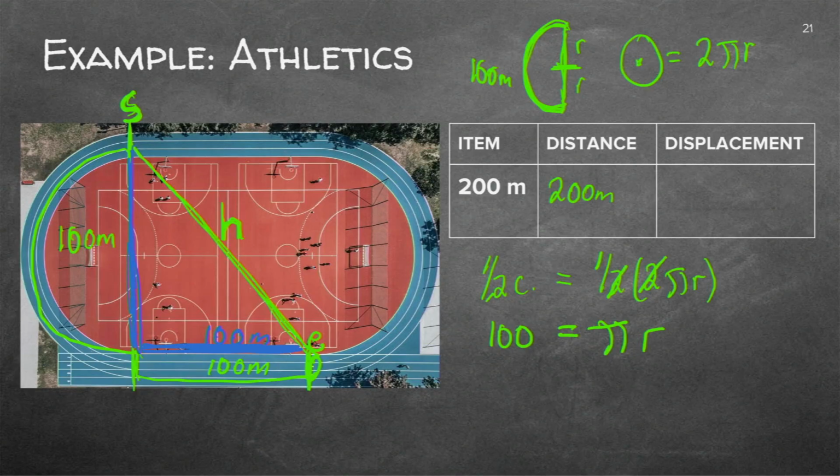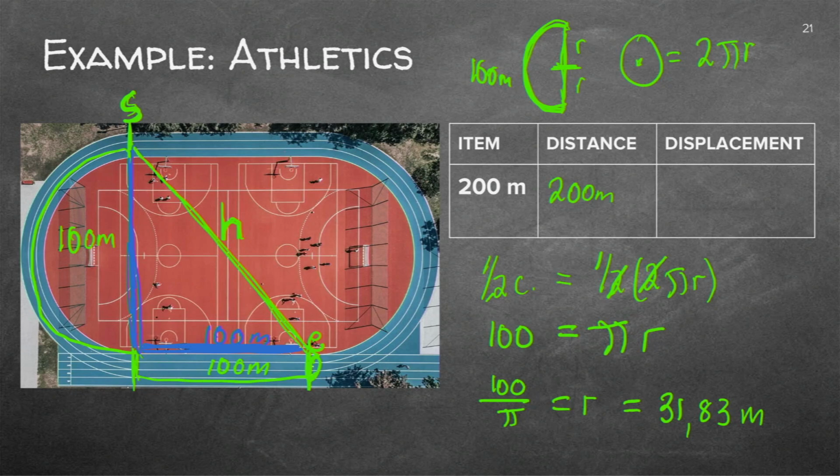If you calculate that, how are you going to do that? I'm going to divide the 100 by pi, and then I'll get the radius. Quickly do that with your calculator. Do you get an answer of 31.83? And it will be in meters, because that was in meters.